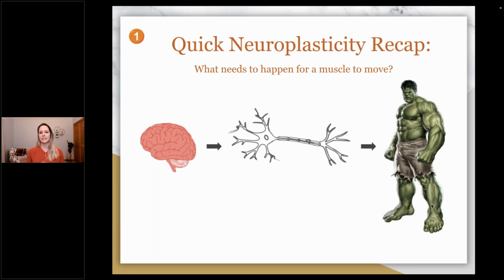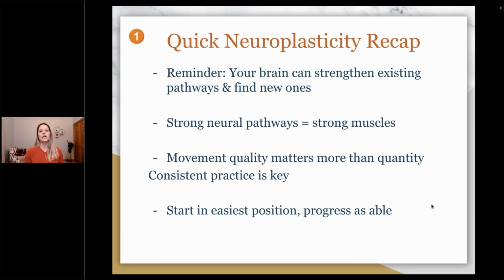So we have to consider that when we're talking about MS. We will still be strengthening muscles, we will still be stretching muscles, but in a way where it's conducive to improving our neural pathways, which again is the connection between our brain and any muscle that we're working on. And that's the power of neuroplasticity, the ability of your brain to strengthen those neural pathways or find a brand new neural pathway if the original one wasn't working.